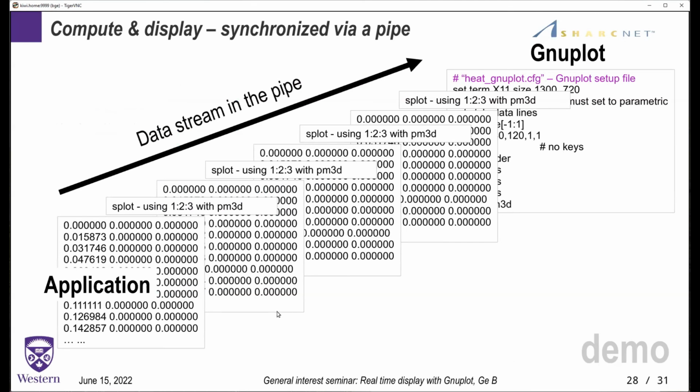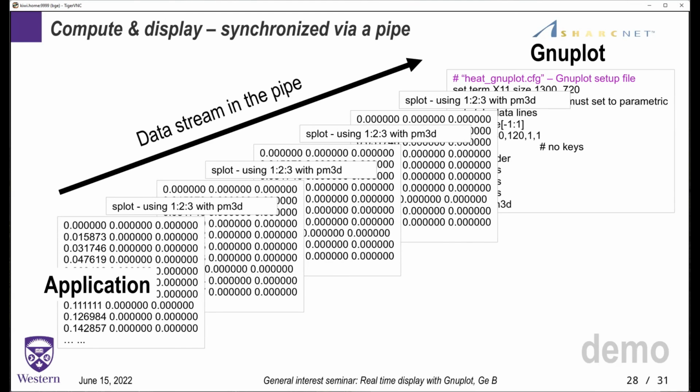And this diagram shows what's happening. So this is the application. The application creates the pipe, and it generates a sequence of data. This is a data stream. The first thing to send to Gnuplot is the configuration file, which it reads from disk and writes to the pipe.